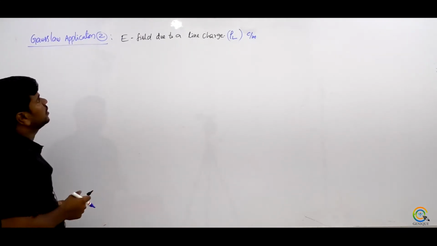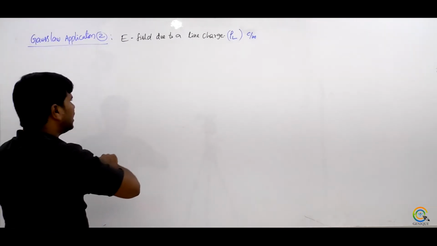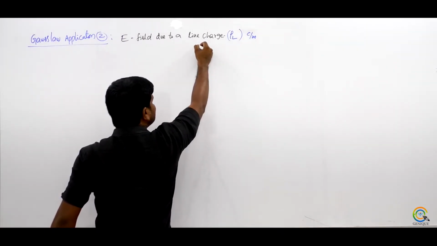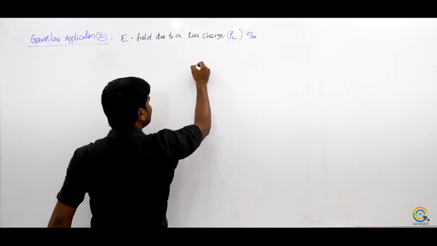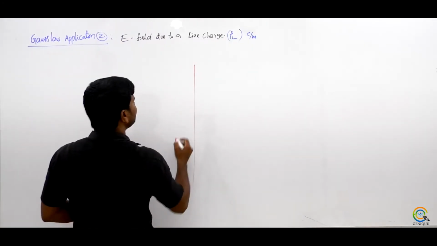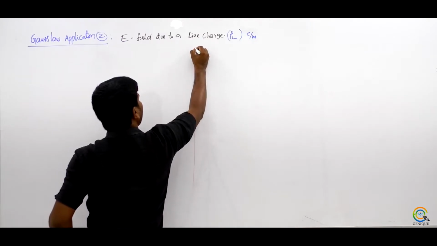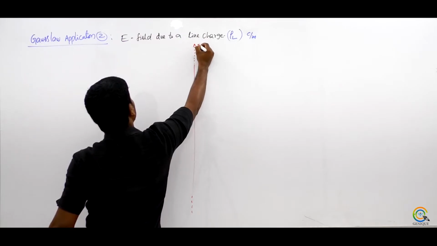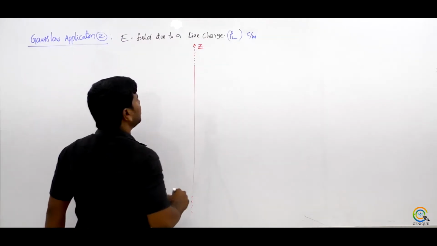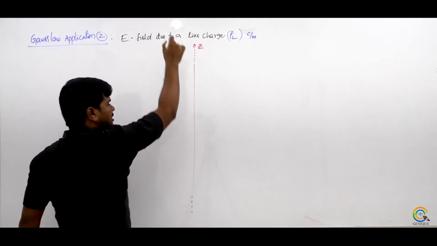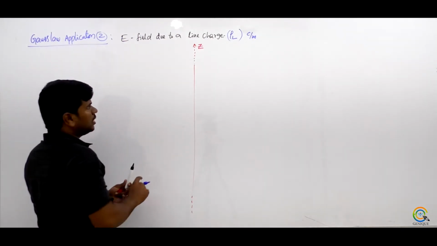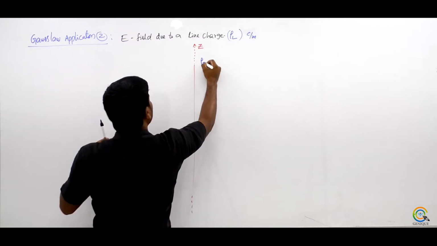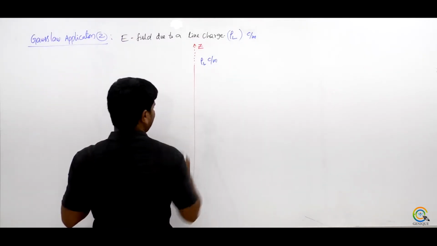So now let us suppose a line charge is placed on the z-axis, from minus infinity to plus infinity. It is a line charge of rho L coulomb per meter.